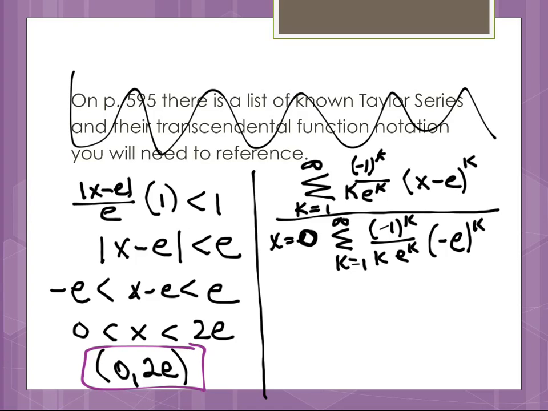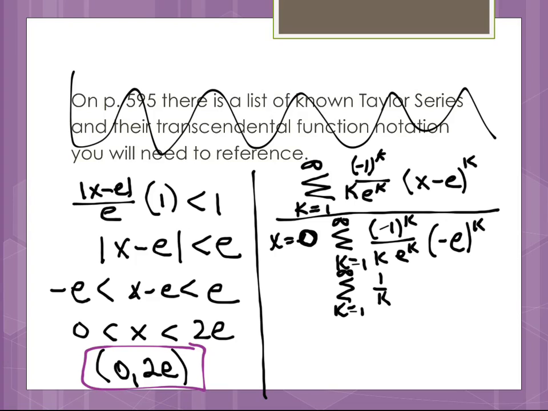X equals 0 is my first endpoint. So how is all this going to simplify? Yep, it simplifies to 1 over k, which is divergent because it's the harmonic series.